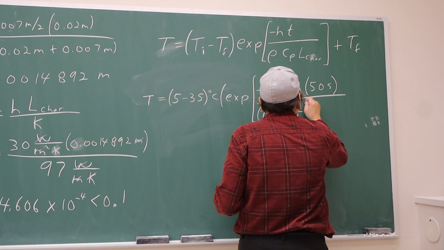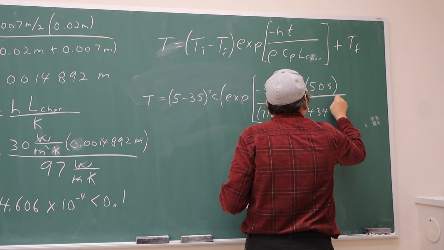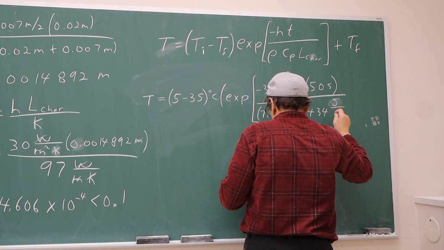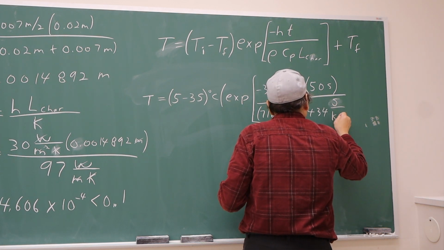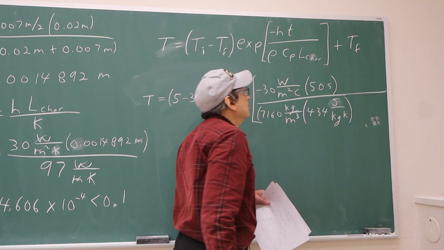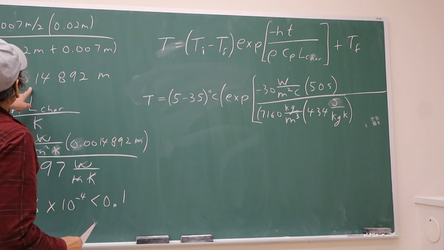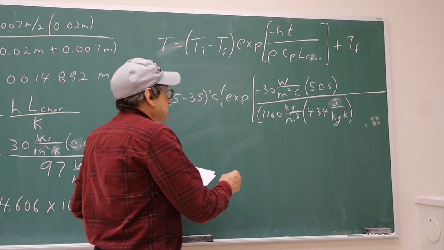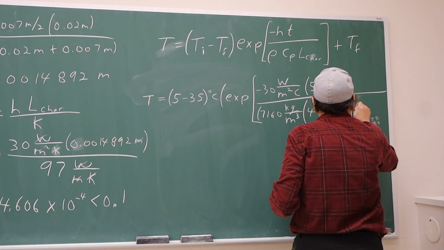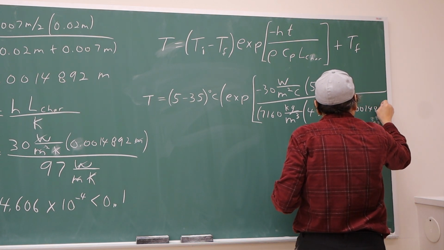Cp is 434 joules per kilogram K. And the characteristic length, which we calculated a little while ago, was 0.001489.